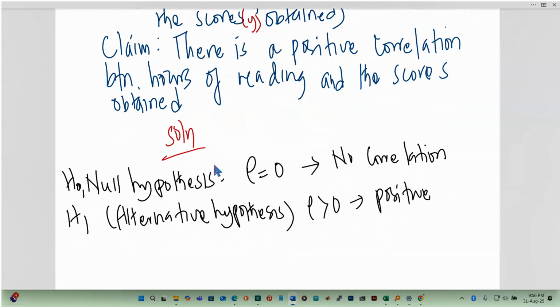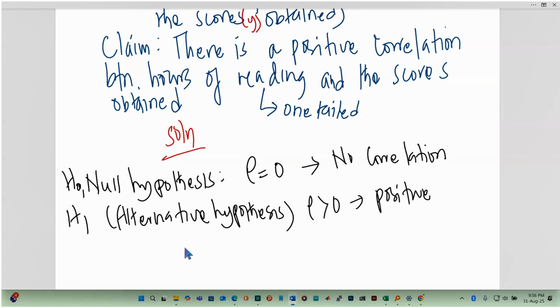So this tells us that this is a one-tailed test, because we are talking about positive correlation, meaning the product moment correlation coefficient has to be greater than 0. So the null hypothesis, when we are dealing with the product moment correlation coefficient, is always equal to 0, meaning there is no correlation between the two variables x and y.